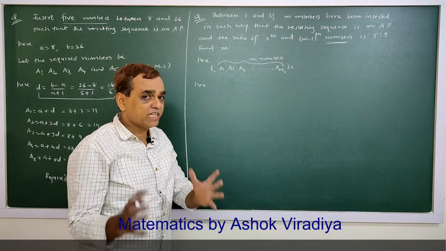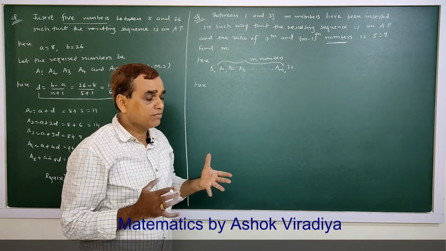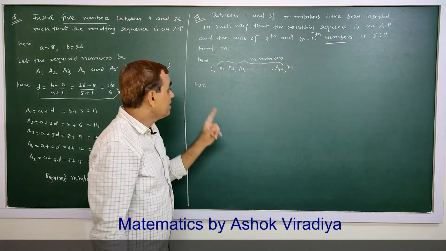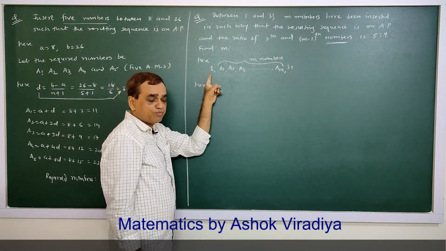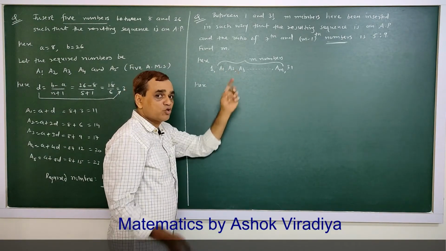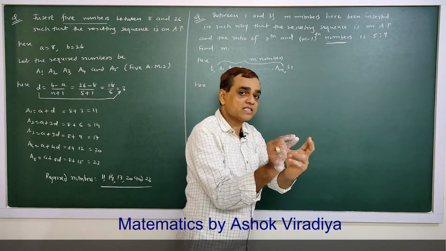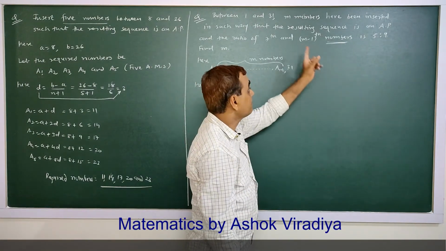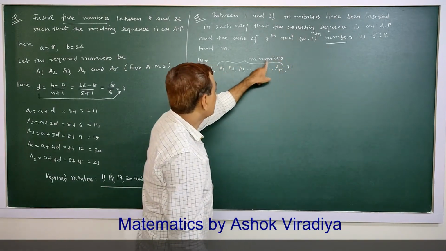So don't make a mistake in this question, because the word term is not given. If the 7th term is given, then this is the first term, second term, third term, fourth term, so the 7th term will be a6. So don't take a6, it is not the 7th term, it is the 7th number among these m numbers.